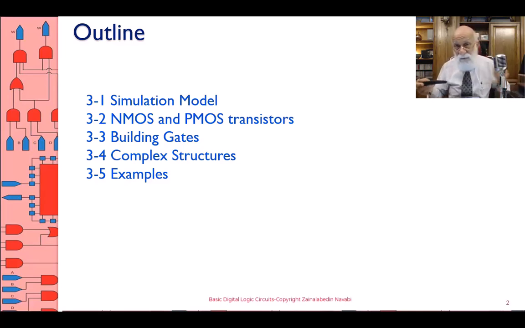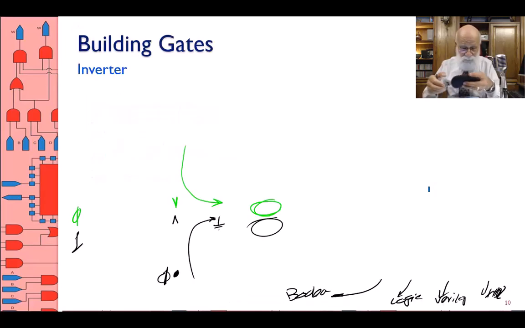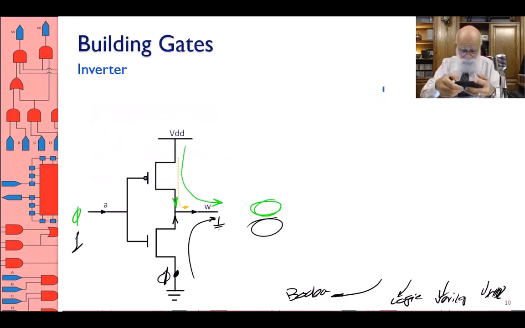We talked about building gates, and what we did was we built an inverter, and with the inverter I talked about the timing of it and so on. So we are building gates, but with the inverter, because it was so simple, we could explain all the timings. We went in there, discussed all the timings, and now we are coming back up and saying, well, okay, now we did the inverter. Now let's do a few other gates.